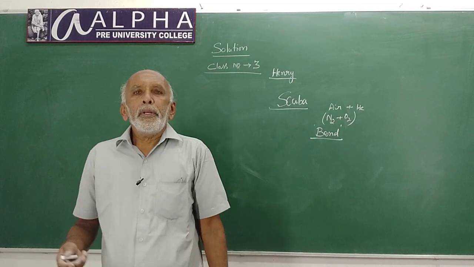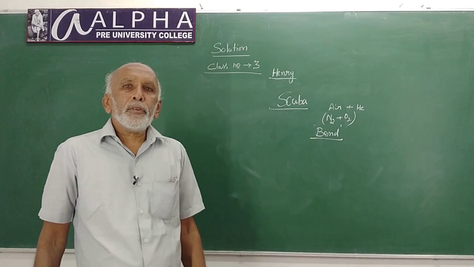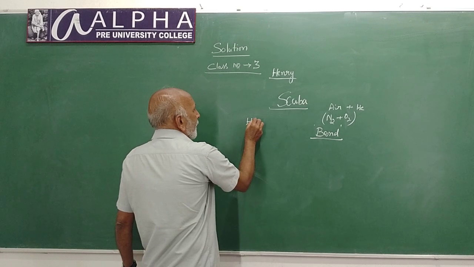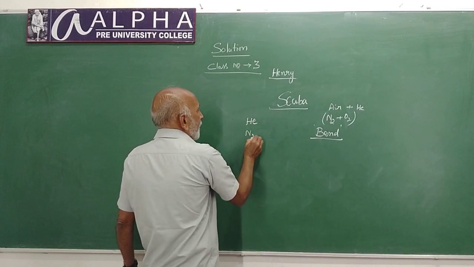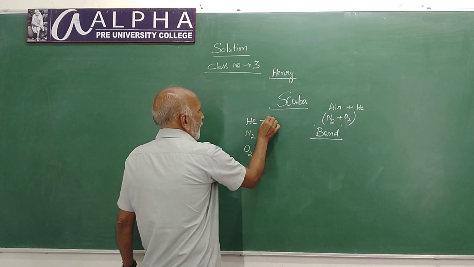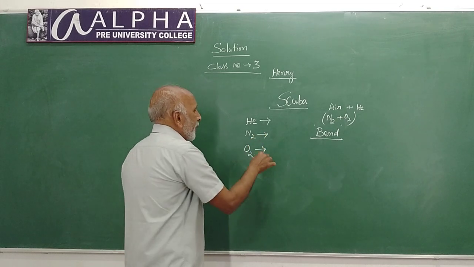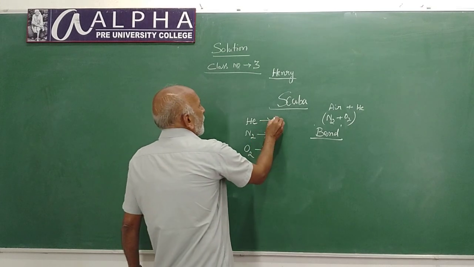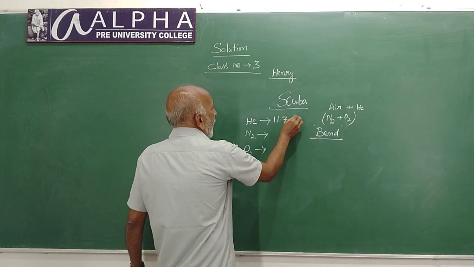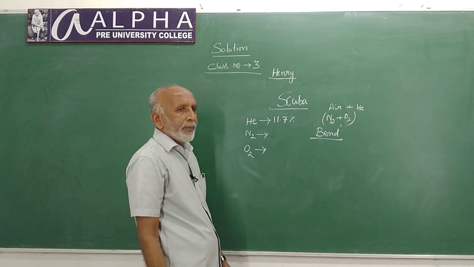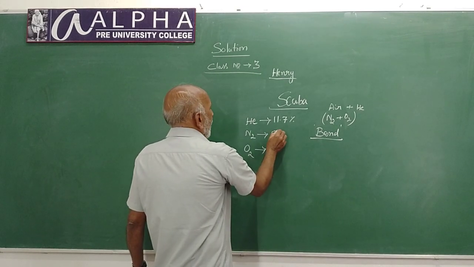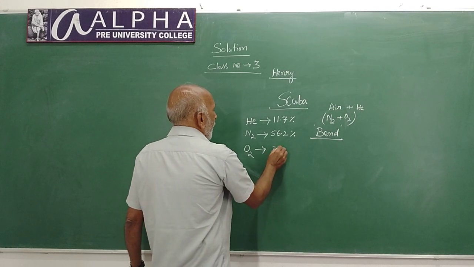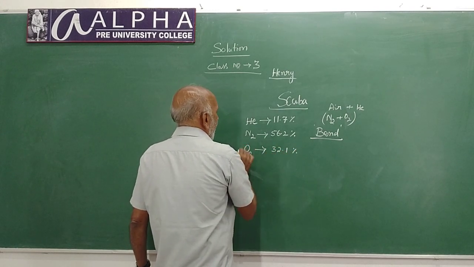Generally, the mixture used by scuba divers consists of helium, nitrogen and oxygen. Helium is about 11.7%, nitrogen 56.2% and oxygen 32.1%.